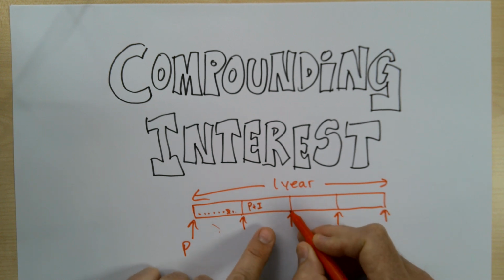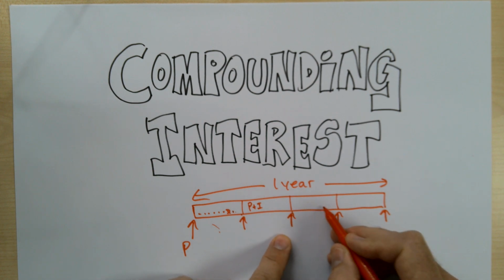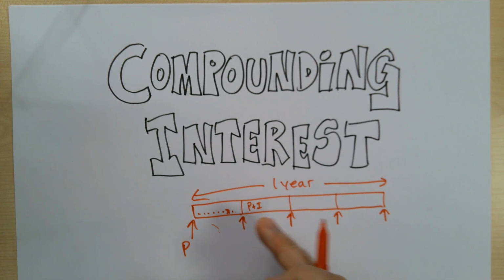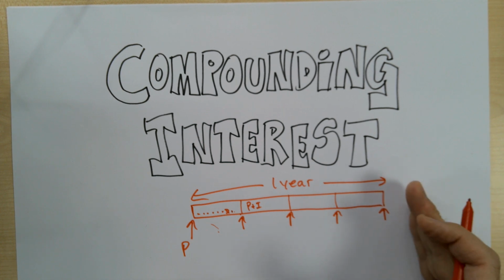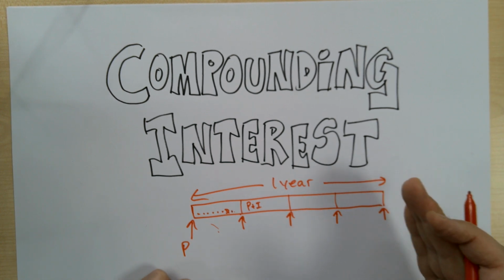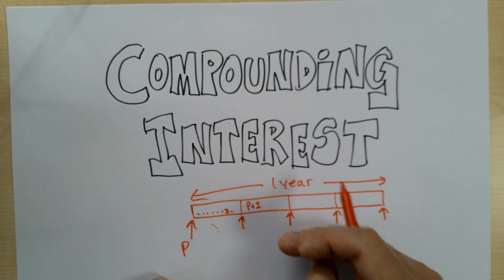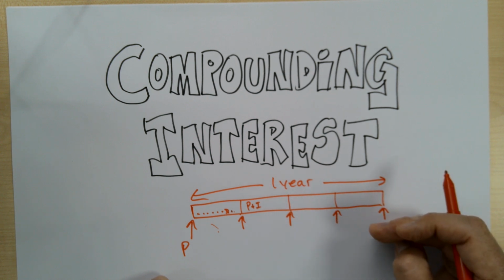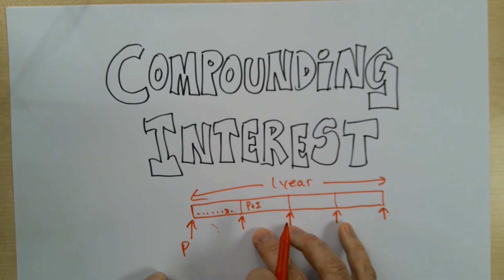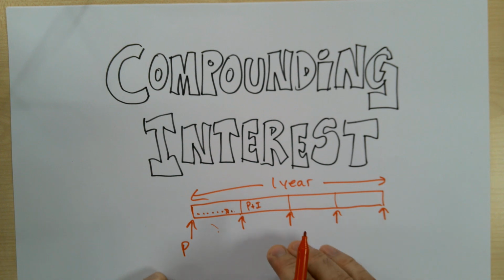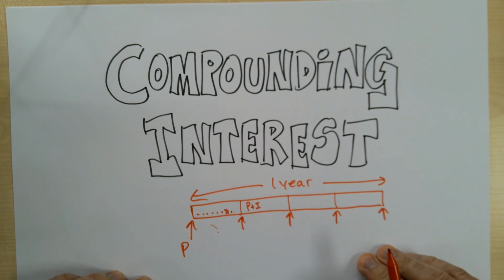Boom, boom, boom, gets added, and then you've got 4 shots of interest because it compounds quarterly. If it compounded monthly, there'd be 12 shots of interest. So that is compounding interest. It has better growth than just simple interest.